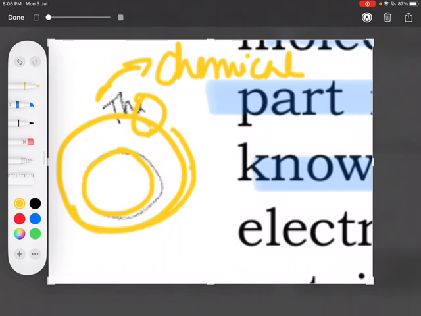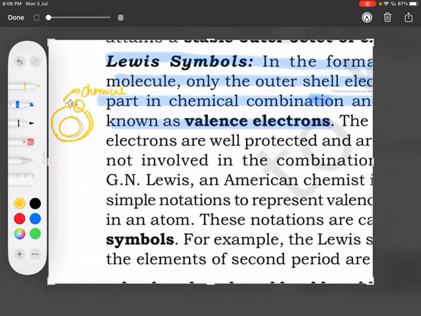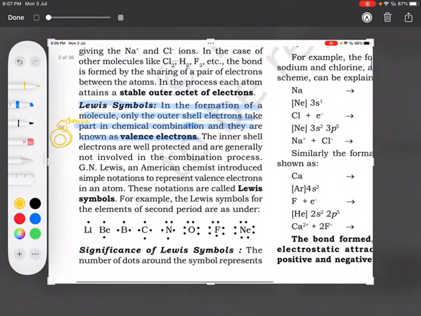The inner shell electrons are well protected and are not involved in the combination process. G. N. Lewis, an American chemist, introduced a simple notation to represent the valency.